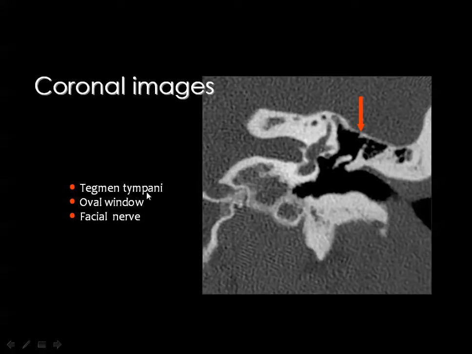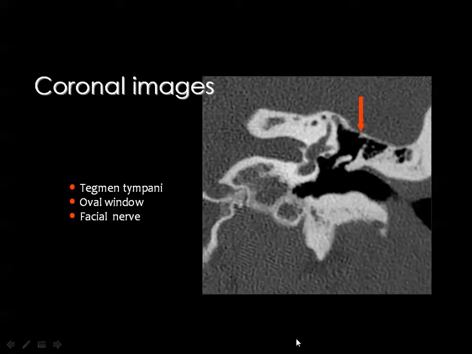The tegmen tympani: you see the anterior tegmen in the axial images, but you see the superior tegmen in the coronal images. You should remember that any bony ridge separating the middle ear cavity from the brain is the tegmen tympani. And we have 2 tegmen tympani, the anterior one and the superior one. The superior one is easily appreciated in the coronal plane.